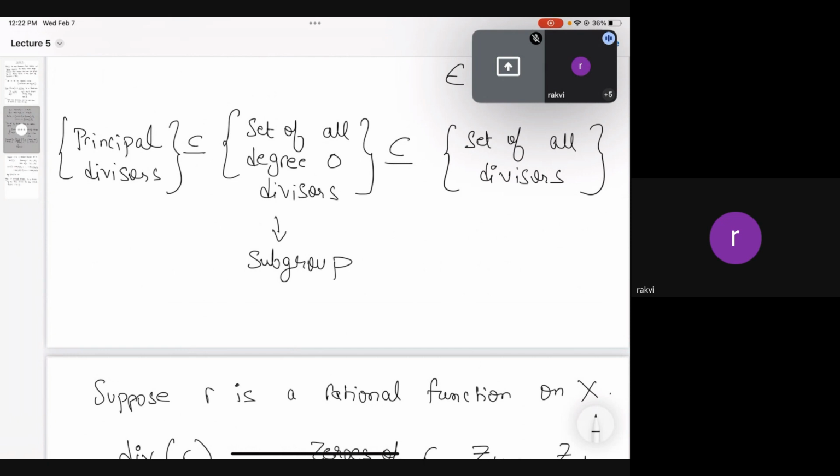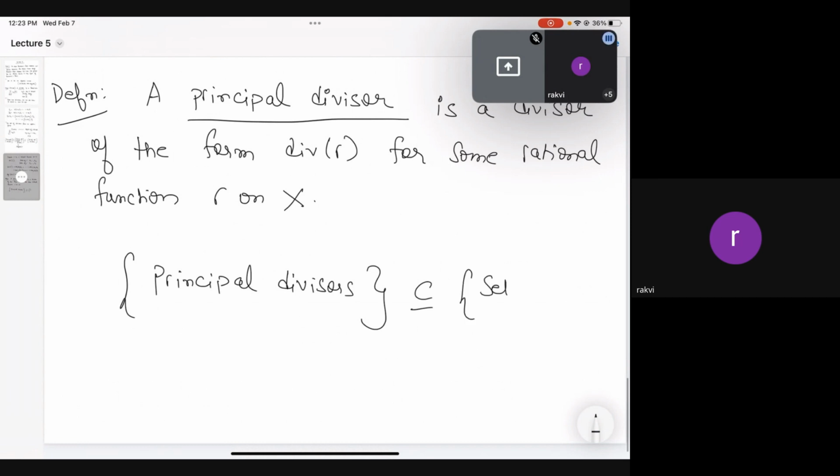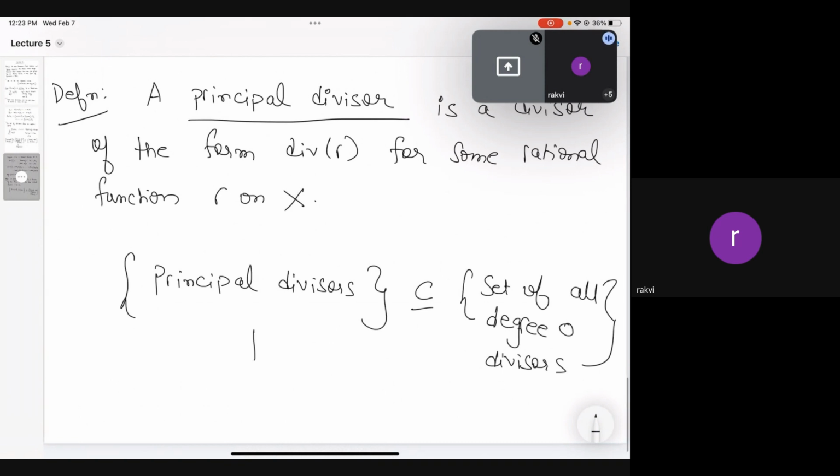But not just that, they are also a subgroup. So let me just redraw this box again. So we have these principal divisors. They sit inside this set of all degree 0 divisors. And it's not just a subset, it's also a subgroup.